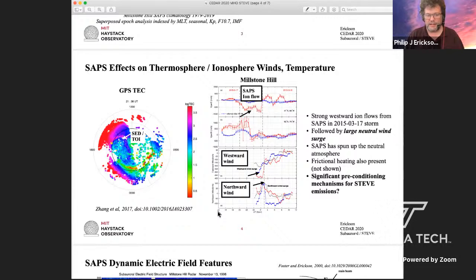So those are not necessarily normal conditions in the subauroral ionosphere. That's another thing to remember when you're considering the background conditions that something like a STEVE might be occurring in, and also thinking about the optical pathways that lead to those enhanced emissions. And people who are far more capable than I am are going to talk about that a little bit later.